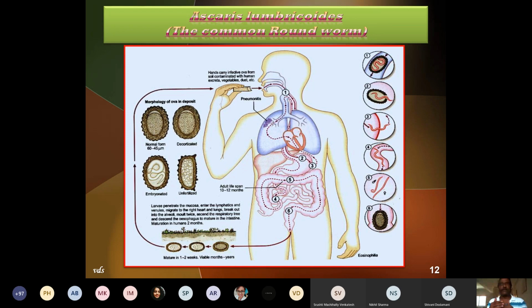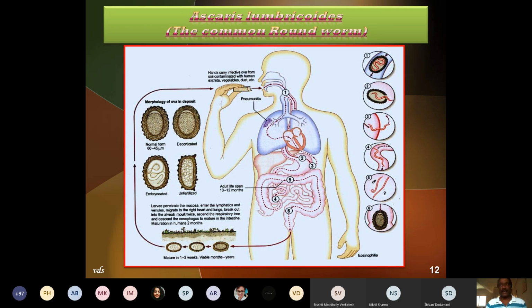So the first molting of the parasite takes place inside the eggshell. Then, when it is released outside, it undergoes development and gets converted into the larval form. At this stage, it is the initial larval phase of the parasite, which is called the Rhabditiform larva.